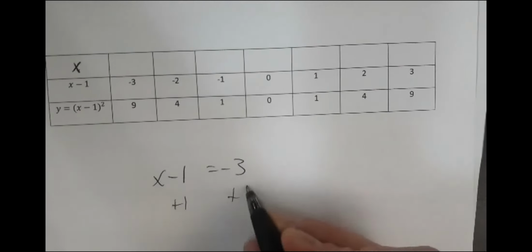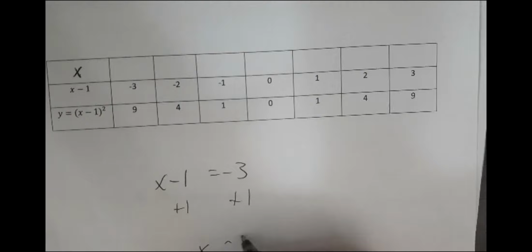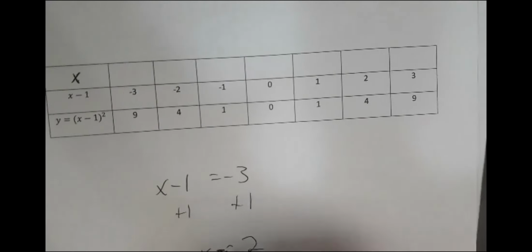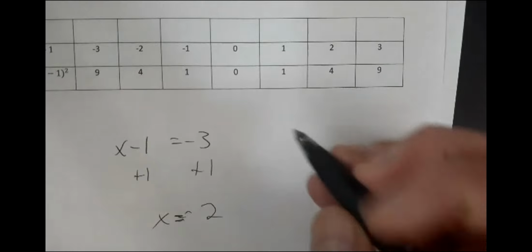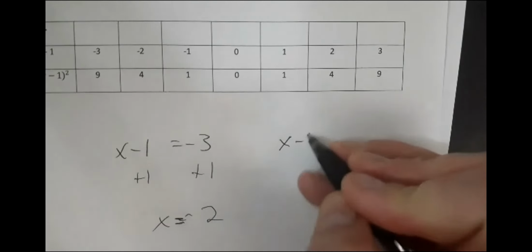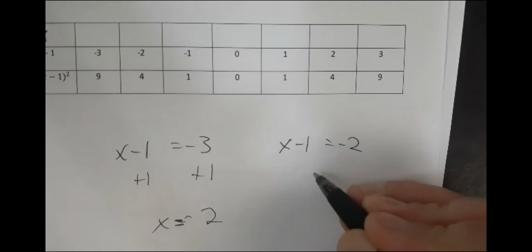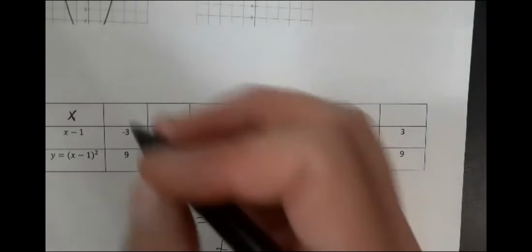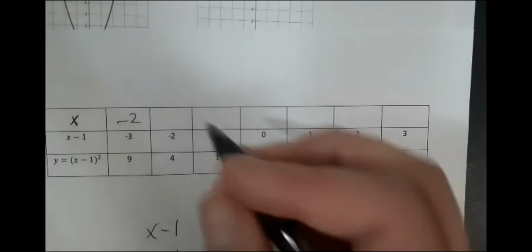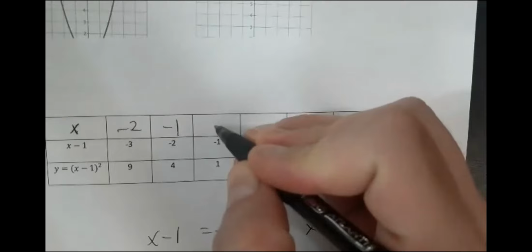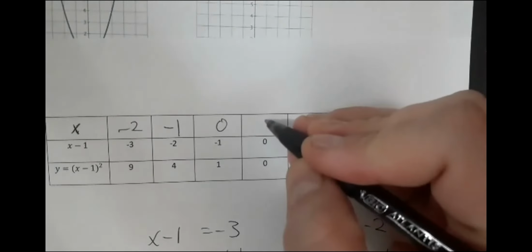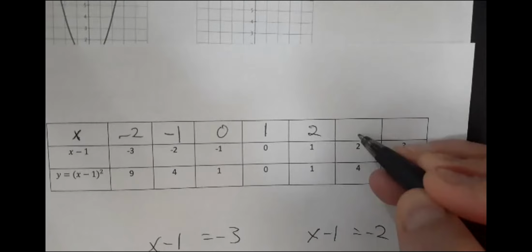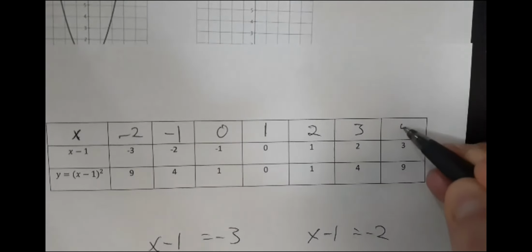We're going to have to add 1. And same thing, right? If x minus 1 is equal to minus 2, how are we going to get back to x? We're going to have to add 1. So for each one of these, we're adding 1 to this value. So 1 plus 1 is 2, 2 plus 1 is 3, 3 plus 1 is 4.